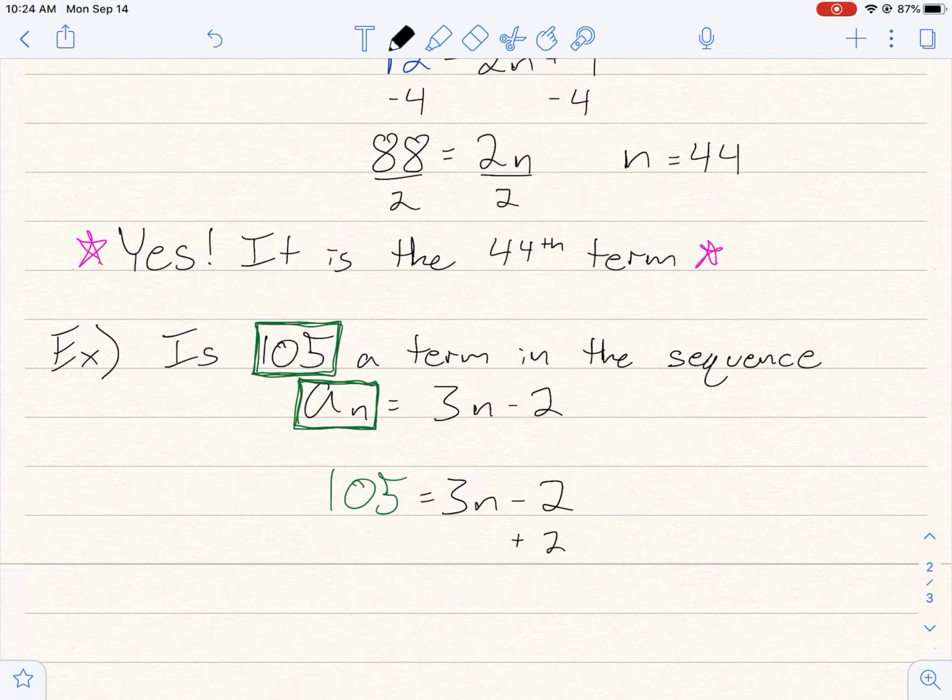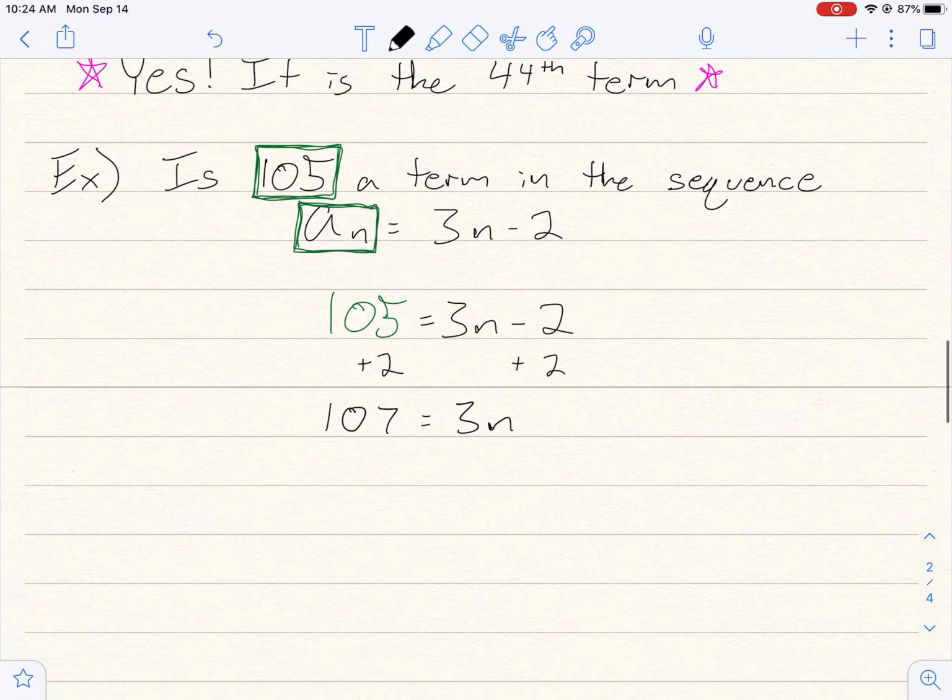So we have to add 2. You get 107 is equal to 3n. And then when you divide by 3, 107 divided by 3, you get 35 and 2/3. Or if you did it in your calculator, you get 35.6 repeating, 0.67, whatever it would come up with.